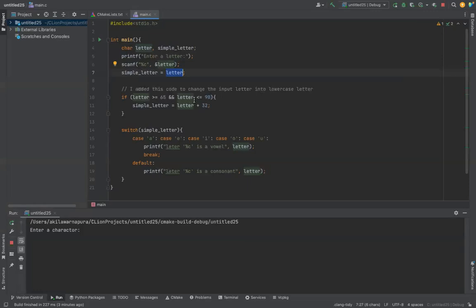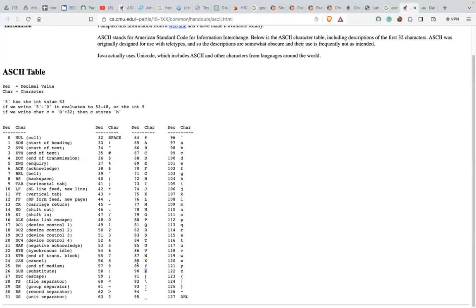And letter greater than or equal, in between, simple letter is at 32. Now here 90. Simple letter starts from here, no? 90 plus 32 is the simple letter. Okay.